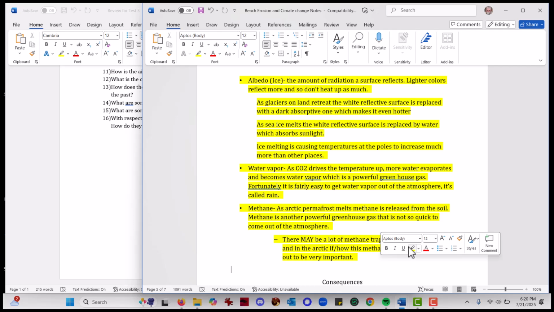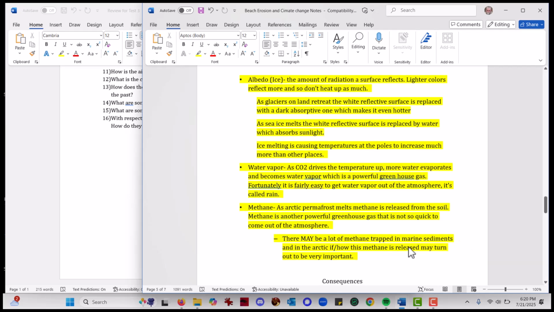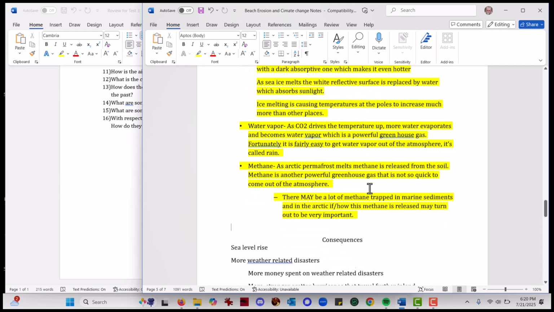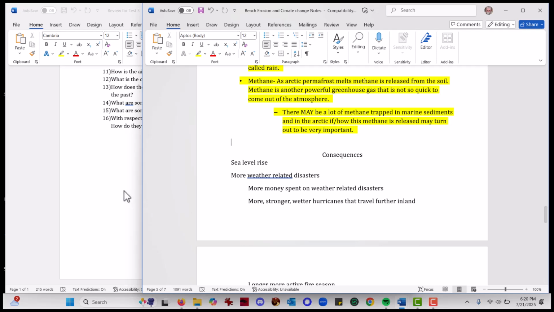As we warm the planet, we release that methane. Methane's a greenhouse gas that warms the planet even more. We release more methane, and you can see one more time we're in that loop. That's what I mean by a positive feedback. Okay, so there they are. I don't need you to go really deep into them, but you know what they are. You just kind of know what they do.